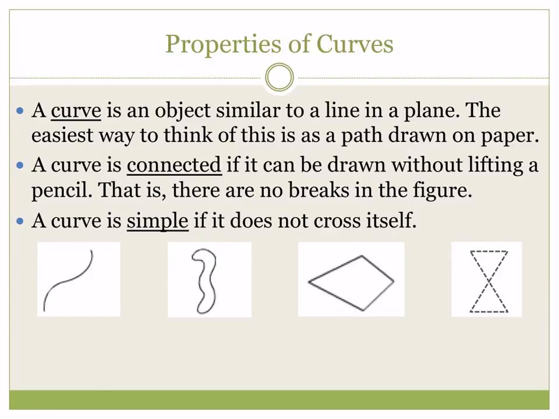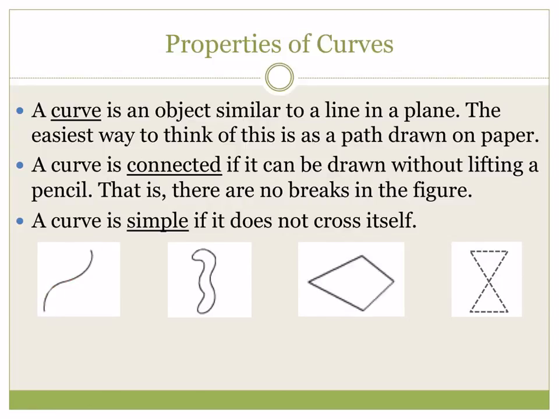So taking a look at these objects down here, which of them are connected? The first one's actually connected. I don't see any breaks in it, do you? Can you start somewhere and draw it from one end to the other without lifting your pencil up? Yeah.